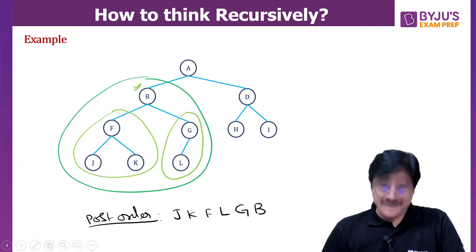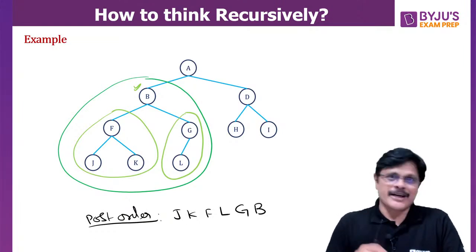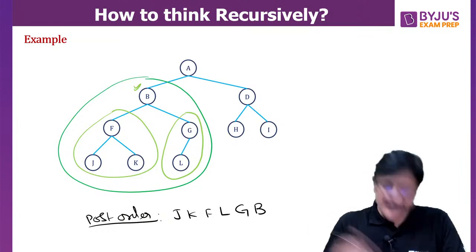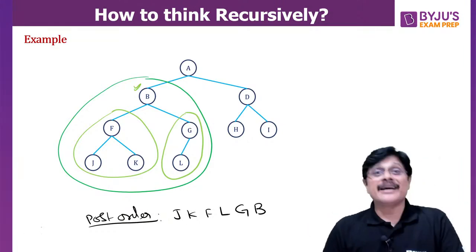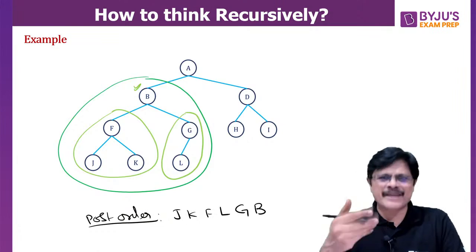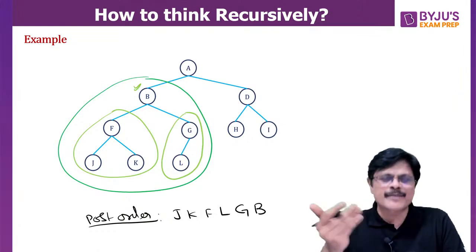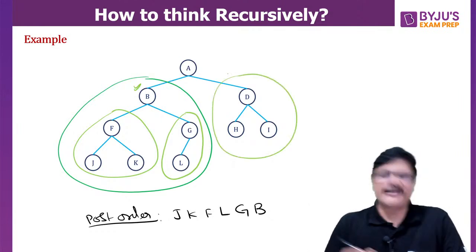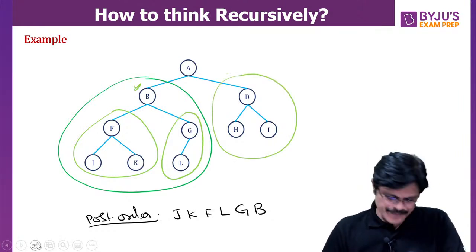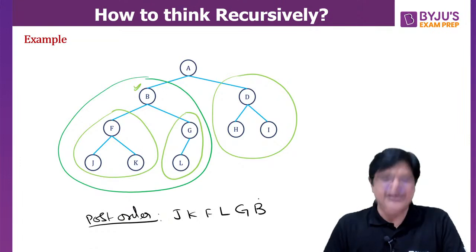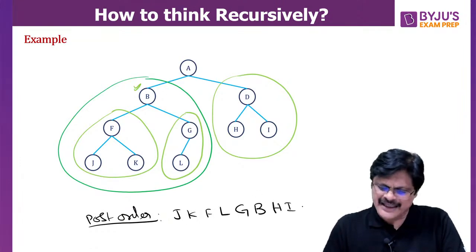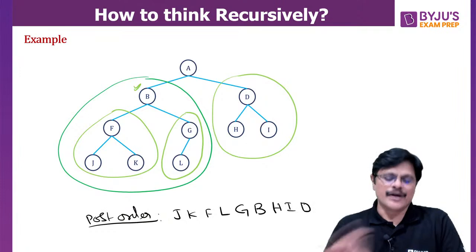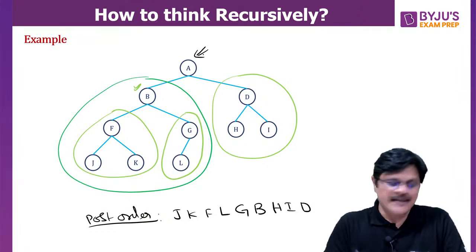Is the idea clear? Now we completed the left subtree. Now we have to visit the right subtree. Again, the right subtree needs to be visited recursively, that is, the nodes of the right subtree need to be visited recursively in post order. For that again directly DHI, now directly you can write, HID, because it is post order. Now left subtree completed, right subtree completed.